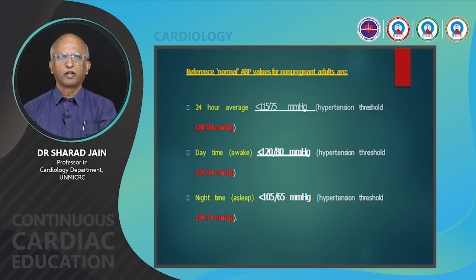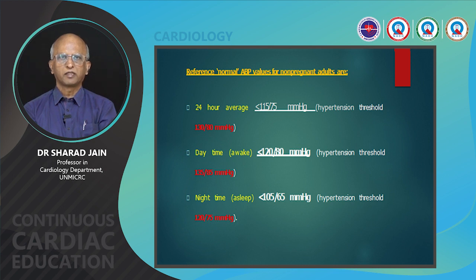So, the reference normal BP values for non-pregnant adults: 24 hours average should be less than 115 by 75 mm of Hg, and the hypertension threshold is considered 130 by 80. Daytime, that is awake, should be less than 140/80, and the hypertension threshold is 135 by 85.